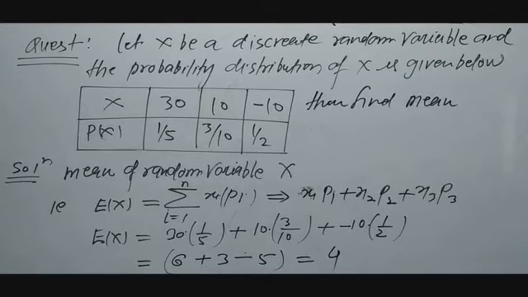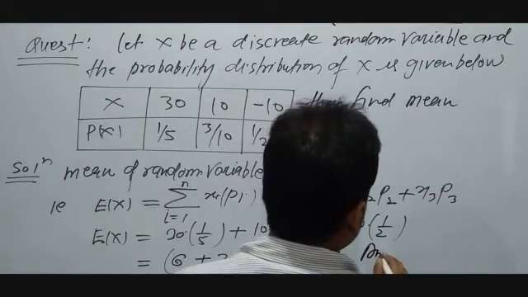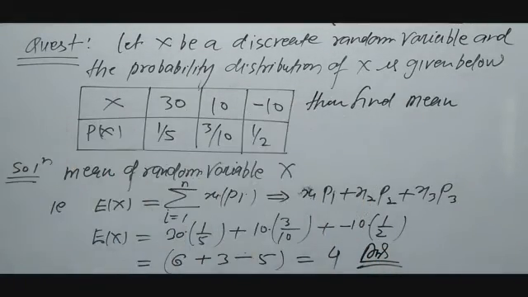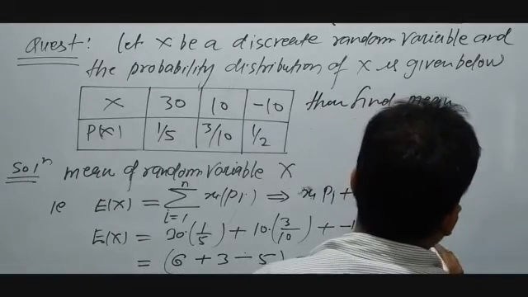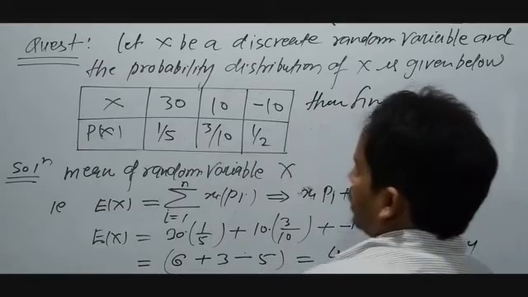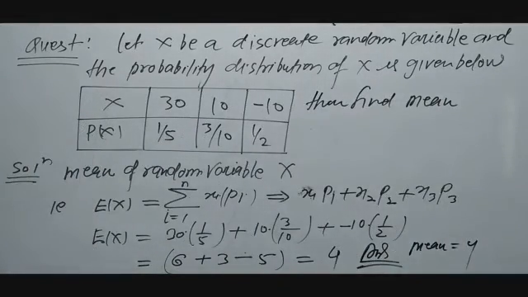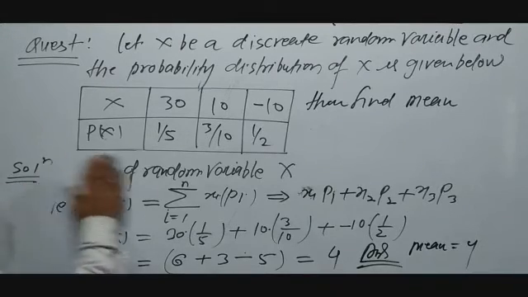Now this is the answer. The mean is 4. Now suppose you have to find the variance. So what will be the variance?